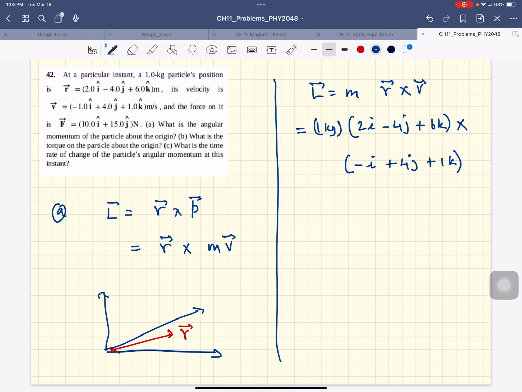And I'm going to write the units here: kg for mass, meters per second, so kg meter squared per second. Now it's just a matter of figuring out the cross product.